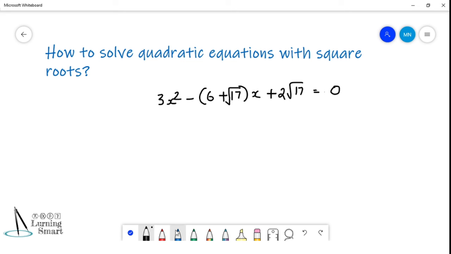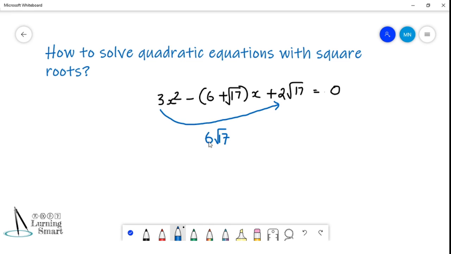Multiply the coefficient of x square with the constant. 3 multiplied by 2 root 17 is what? 6 root 17. So we should split 6 root 17 in such a way that when you multiply you get 6 root 17, and when you add you get the coefficient of x.